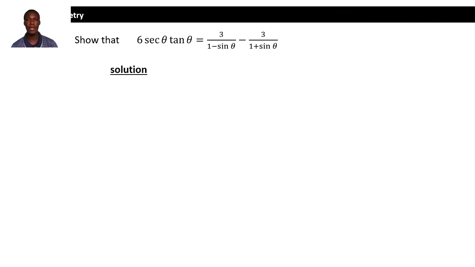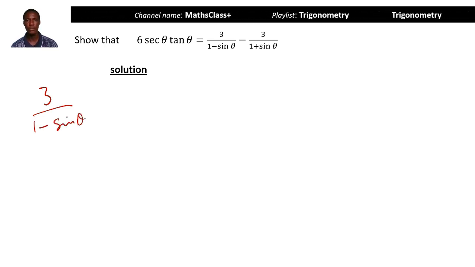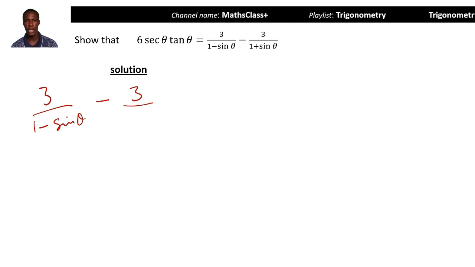Now, when you are given a question like this, you are not restricted to proving from left to right. At times, you can also prove from right to left. And so I will prove from right to left by taking the right side, and then I will work it to obtain the left side.